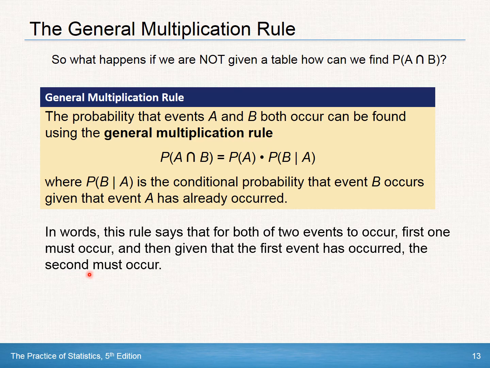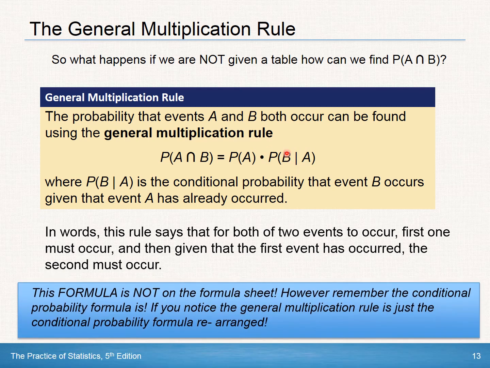So it's assuming that this is the first event, and the second one is the second event, assuming that the first event already occurred. So this is a conditional probability.